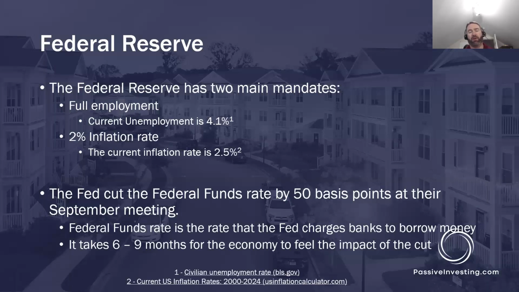One other key point: the federal funds rate is the tool they use. It is the rate the Fed charges banks. When banks need to make loans and don't have enough cash on their balance sheets, they take loans from the Federal Reserve to then let businesses or individuals borrow money.